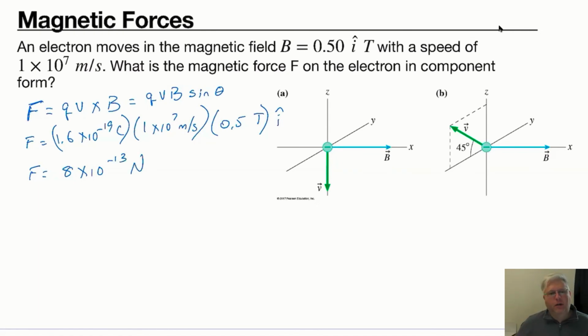And if we're doing this in component form, what's the direction then? Remember that X is the I hat direction, Y is J hat, Z is K hat. They told us the magnetic field was in the I hat direction.